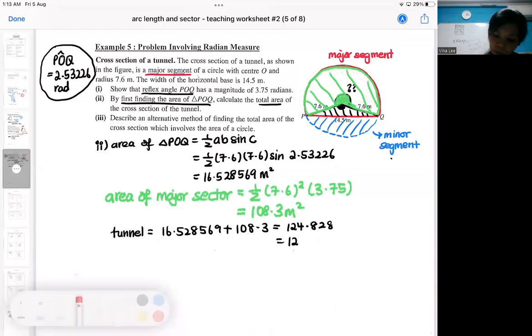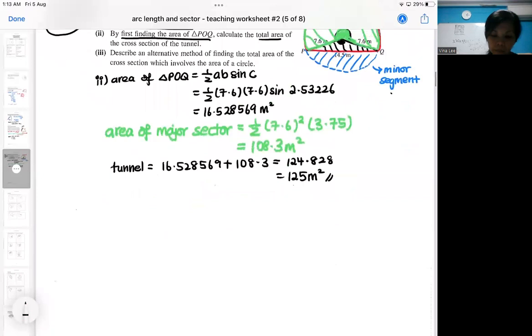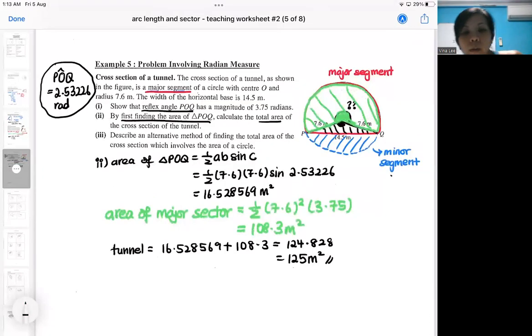So 3SF will be 125. Okay, so the answer is correct.